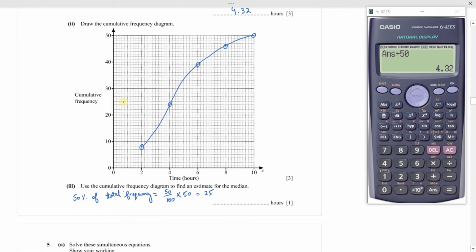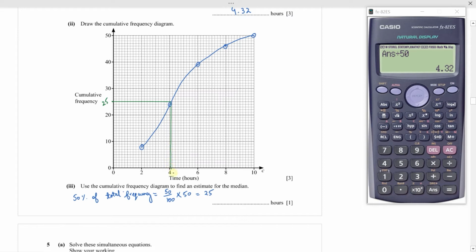So if I draw a straight line, so this is my cumulative frequency value 25. If I draw a straight line to the curve, up till this point, this is in the middle of this small block here.